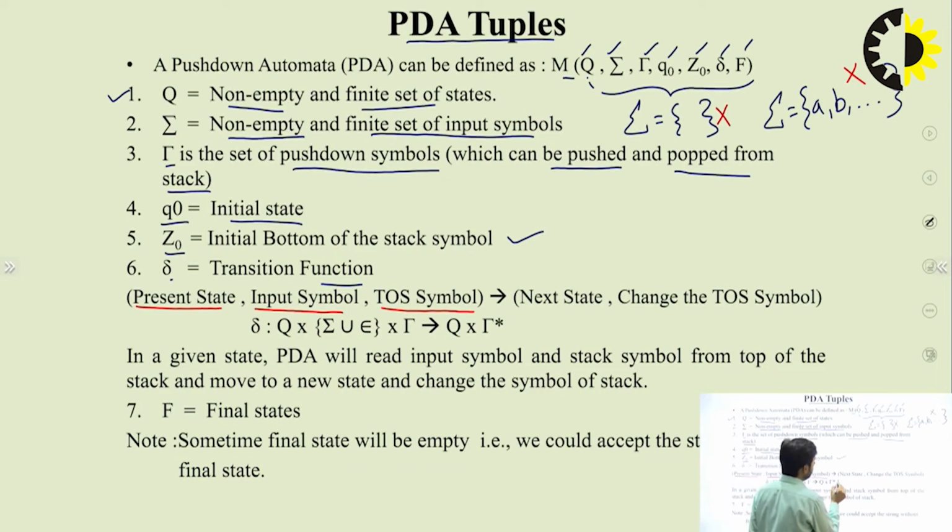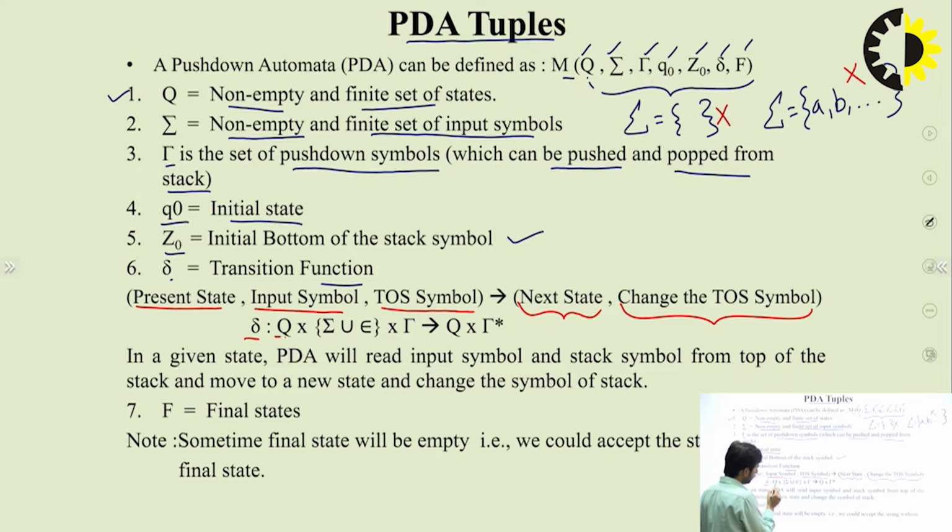Then it will go to some next state, some other state, and change the top of the stack symbol according to the required operation. So this delta is defined as: there is some state Q, that is the present state, and there is an input symbol from sigma union epsilon, and there is the top of the stack symbol, that is tau.